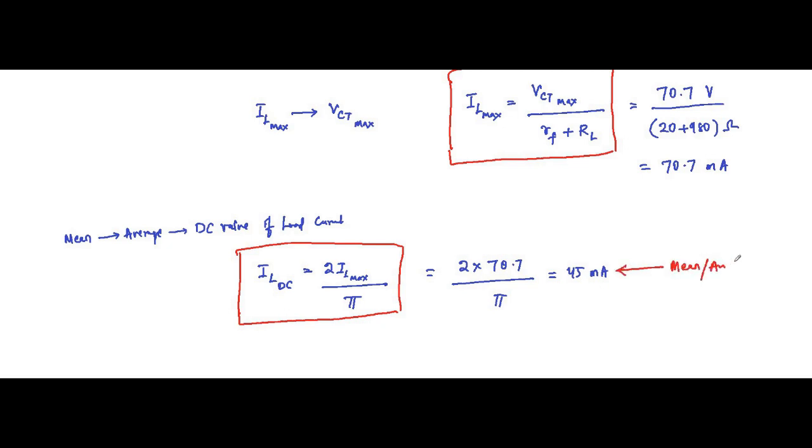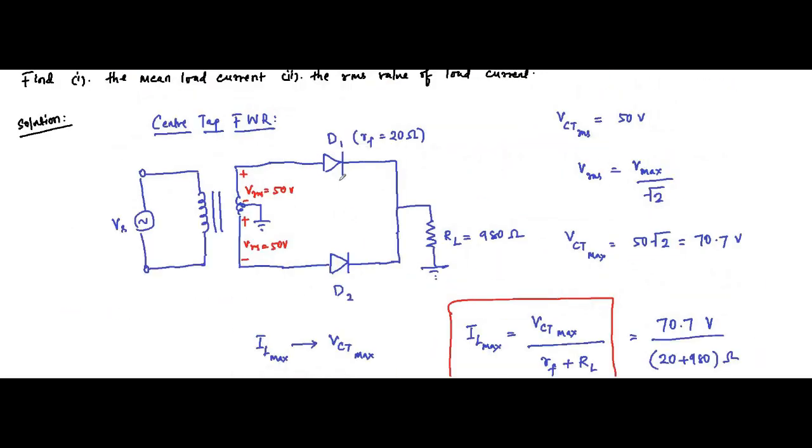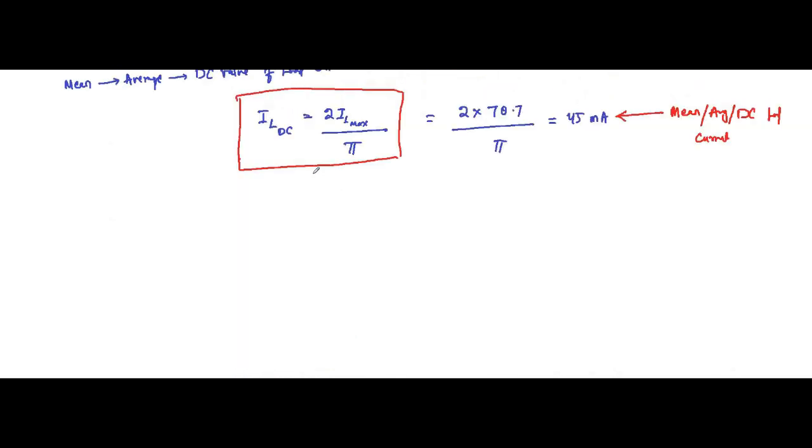Mean, average, or DC value of load current. Okay, then it has been asked to find the RMS value. Okay, root mean square value. RMS value, we know that RMS value is equal to Imax by root 2 for full wave rectifier.